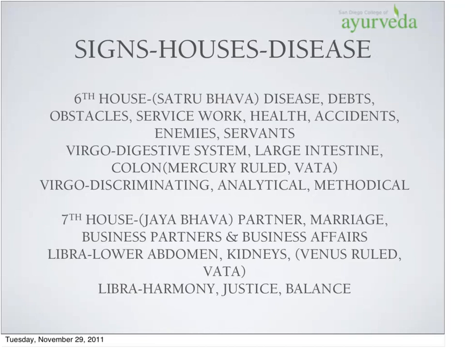It deals with the large intestine and the colon. Mercury rules the sign of Virgo, and Mercury is Vata in nature. Last week we looked at a chart where the rising sign was Virgo, and we were able to discern a lot of information about the sign of Virgo.